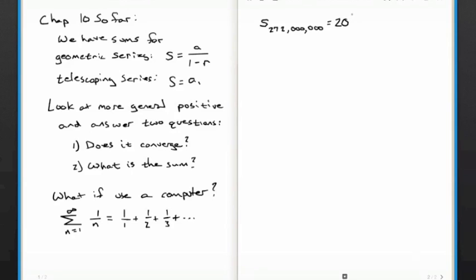And you think, all right, so this has got to be good enough. The sum must be 20, right? Because I'm getting so close to 20. After 272 million terms, I've only got to 20.